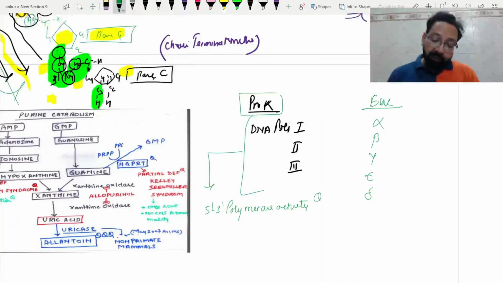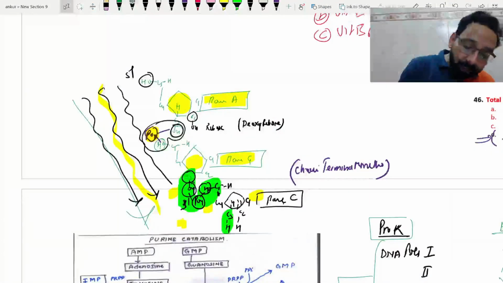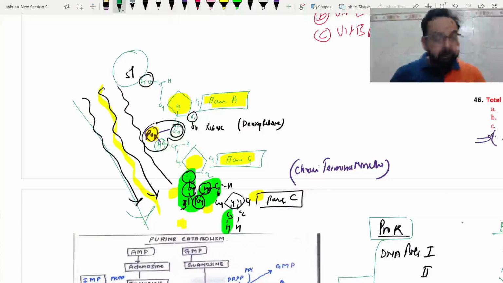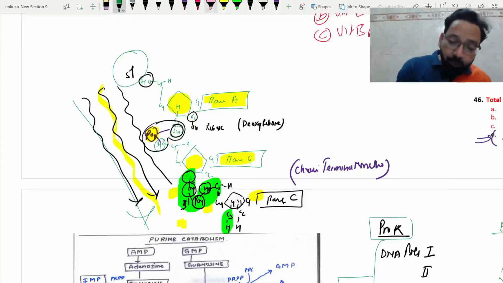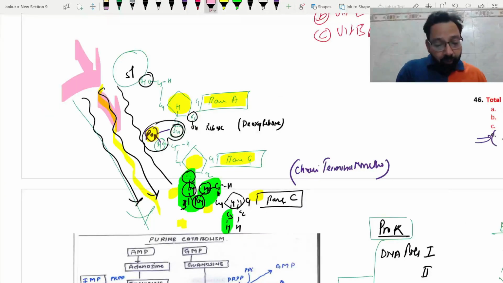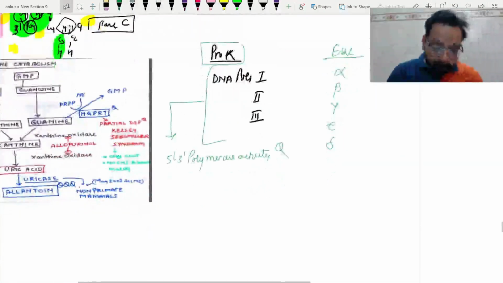Yes, DNA polymerase 1, 2, 3 all have 5 to 3 polymerase activity. What is exonuclease? If any enzyme cuts DNA or RNA from the end, that is called exonuclease. 5 to 3 exonuclease means cutting from this side and moving in this direction.